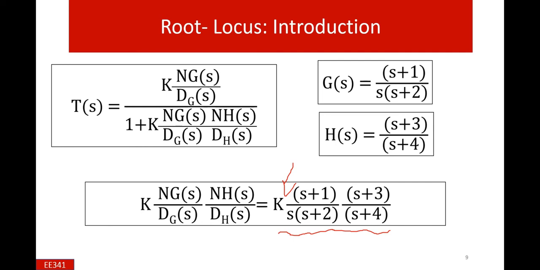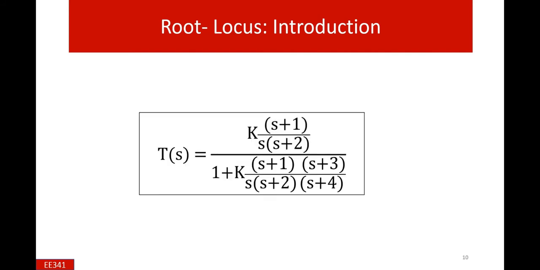So there are two zeros in the open loop transfer function and three poles. How will this relation be helpful to understand the root locus? So be focused and try to understand the concepts.